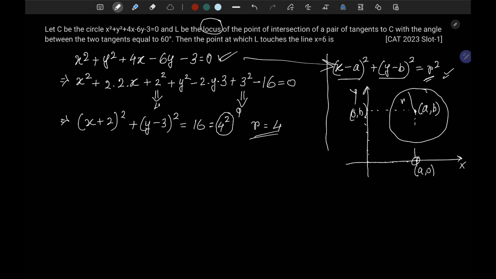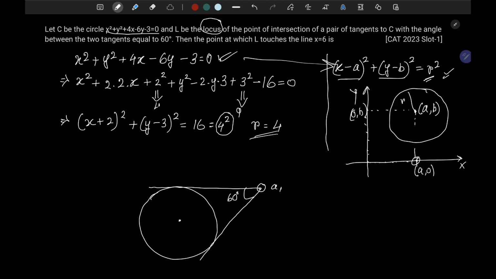Suppose the circle looks something like this, and we have two tangents to the circle. They make an angle of 60 degrees between them. Suppose this point is A1. Similarly, we could have drawn two tangents like this, and they also might have made an angle of 60 degrees between them, and let's name this point A2.